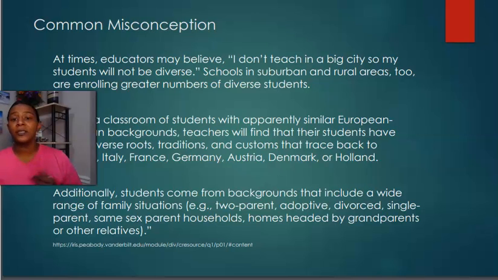Additionally, students come from backgrounds that include a wide range of family situations, such as two-parent or adoptive, divorced, or single-parent households, same-sex parent households, homes headed by grandparents or other relatives. There are also children in our foster care system, who do not have their parents with them and are being taken care of by others through the foster care system and the social services network.